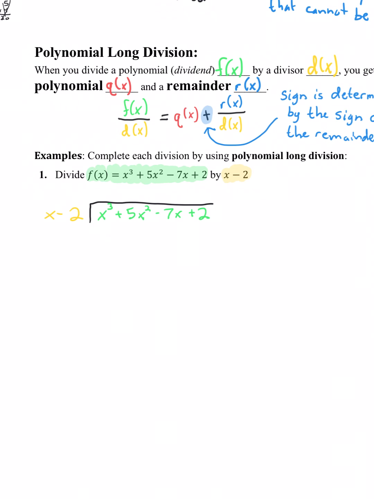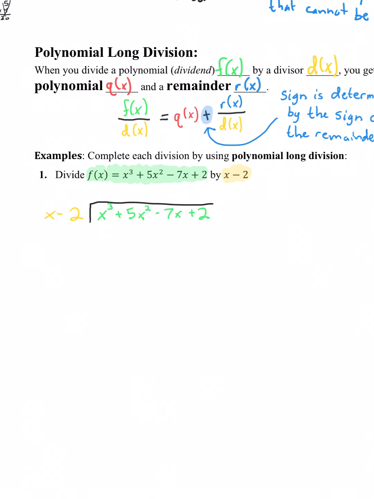And we have to say x times something equals x cubed. We want to get an x cubed down here. So x times what equals x cubed? That's what we want to start with, that question. X times what equals x cubed? X squared? Yes, exactly, x squared.